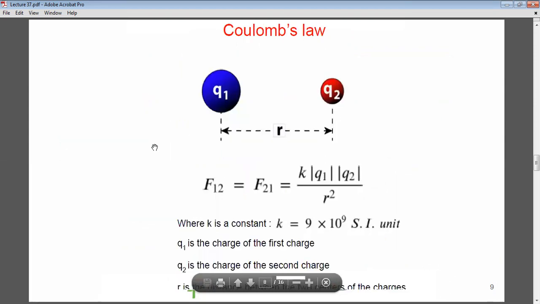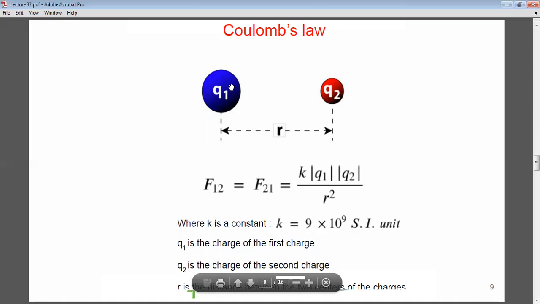Now, Coulomb's law. Coulomb's law says, if I bring two charges, Q1 and Q2, this can be a proton, this can be an electron, this can be 2 protons, 5 protons, this can be 10 electrons, whatever.